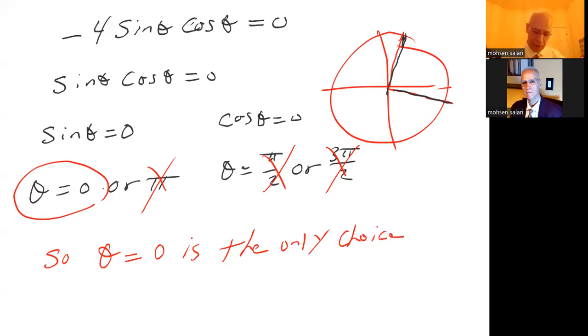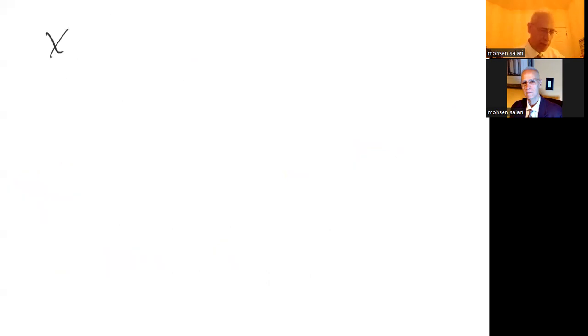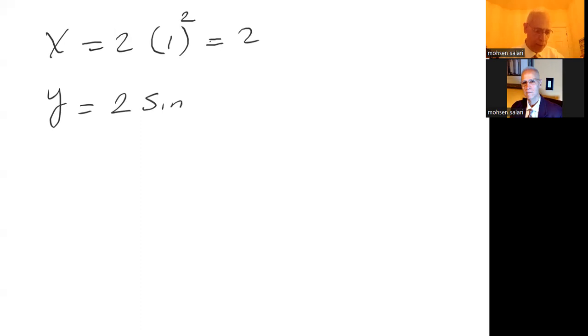When theta equals 0, we know that x equals 2 cosine squared of theta. So x equals 2 times cosine of 0, which is 1, squared, so that gives me just the 2. And y is 2 sine of 0 cosine of 0.